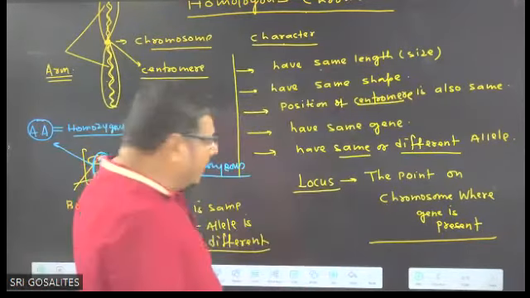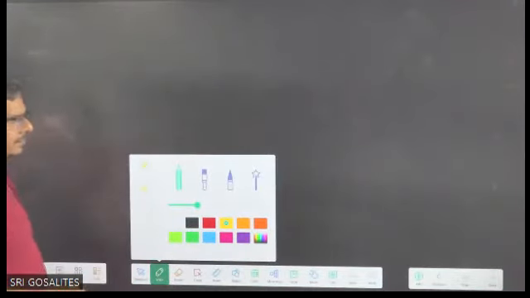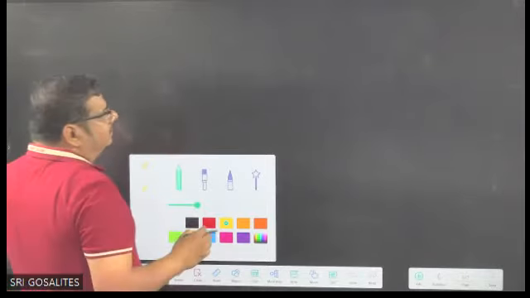Okay. Now I am telling you some more detail about the locus. Suppose, look here. This is a chromosome.